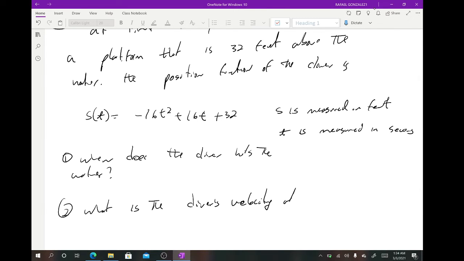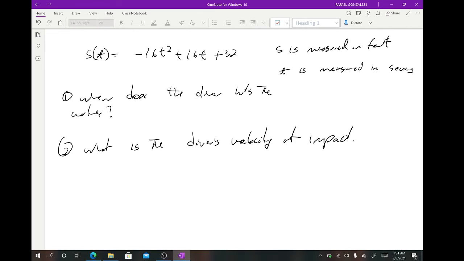Velocity at impact. Well, we have a function for position, right? We know when the diver is going to hit the water. When does the diver hit the water? When his position is 0, because he's up 32 feet in the air.